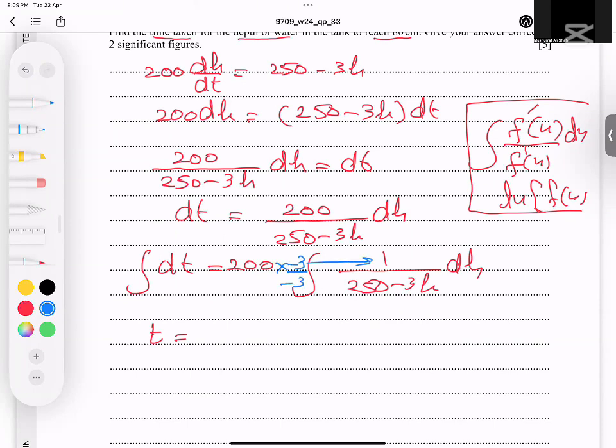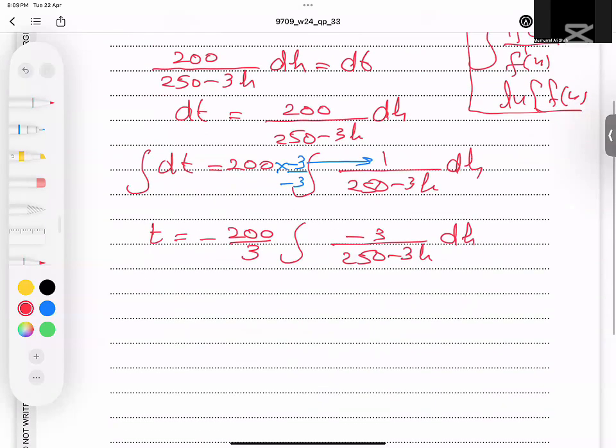The upper minus 3 goes inside, and outside I get 200 by 3. And I get minus 3 over 250 minus 3H. So now, students, I can integrate, and that turns out to be the logarithm of 250 minus 3H, and plus c must be there.